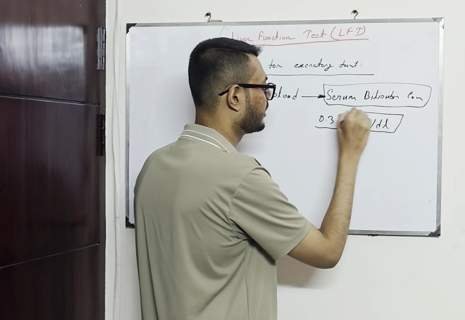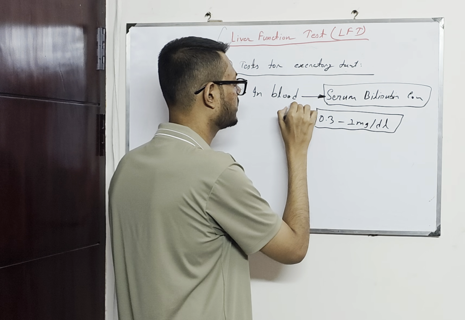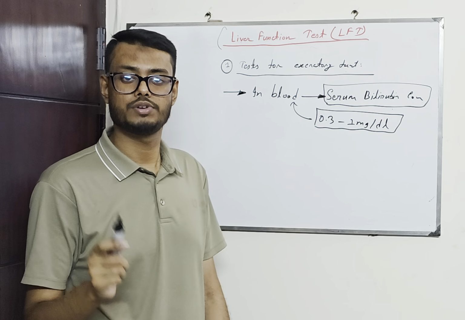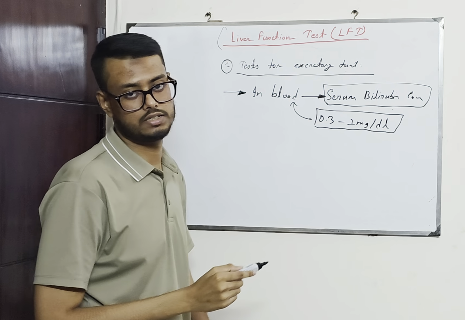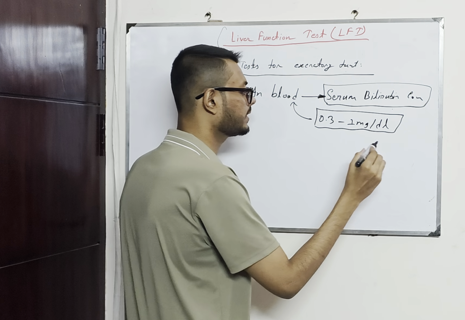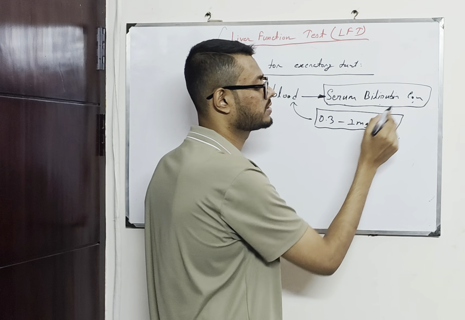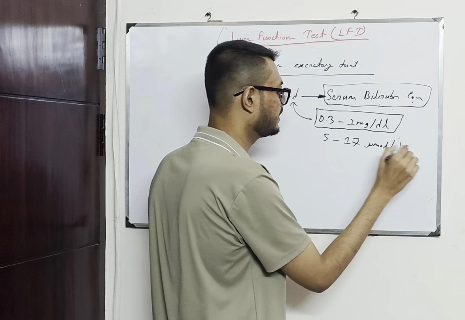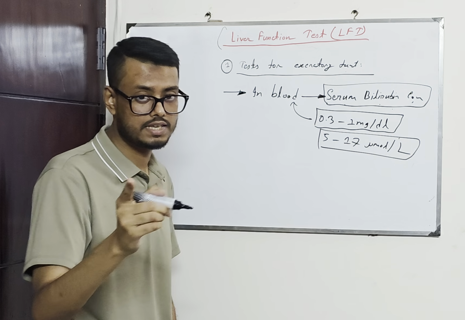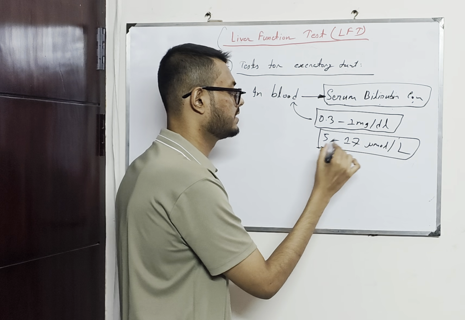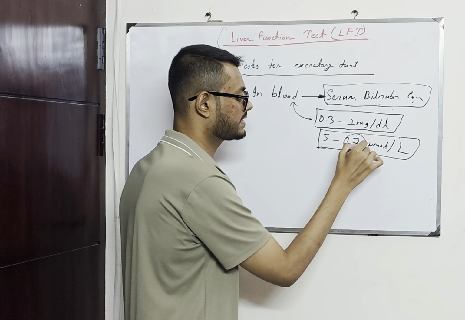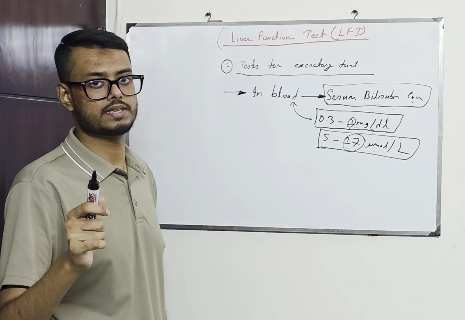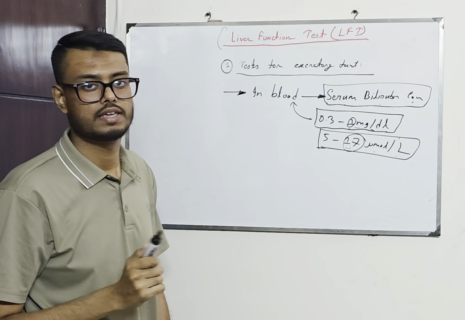Internationally, the unit is micromole per liter, and the normal value is 5 to 17 micromole per liter. If the result is above 17 micromole per liter or 1 milligram per deciliter, there may be some pathological changes in the liver.